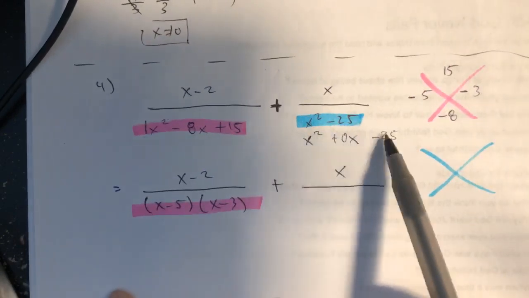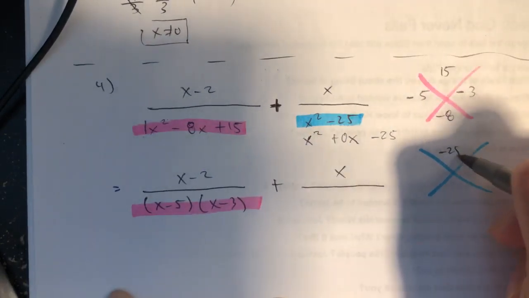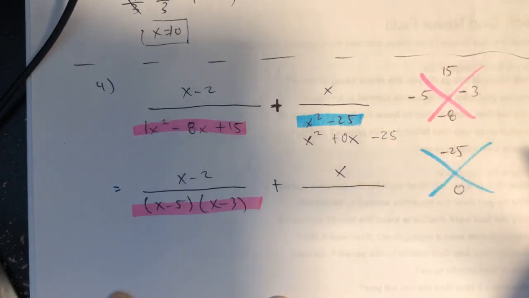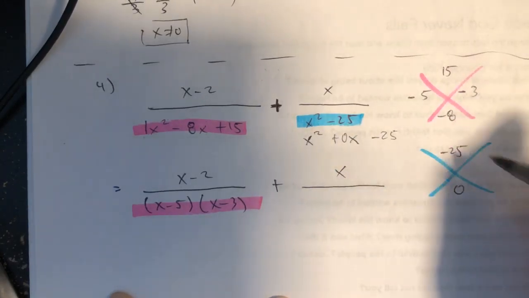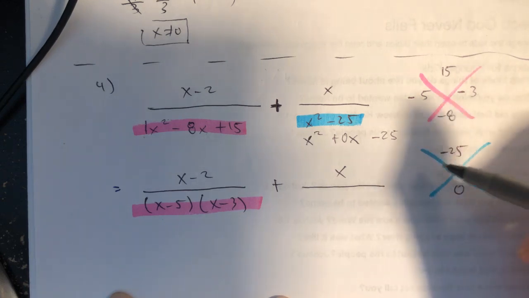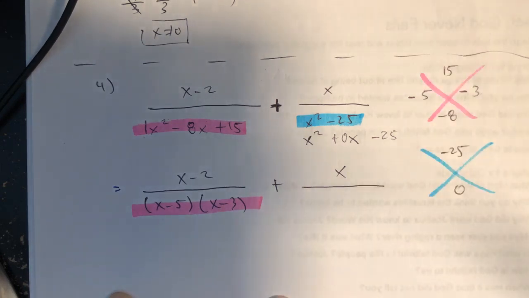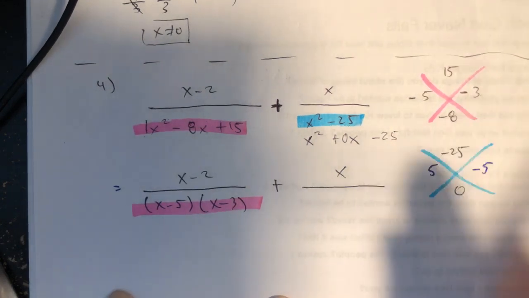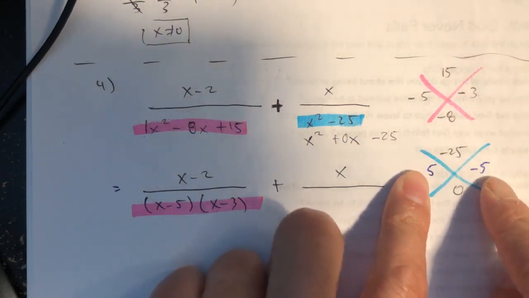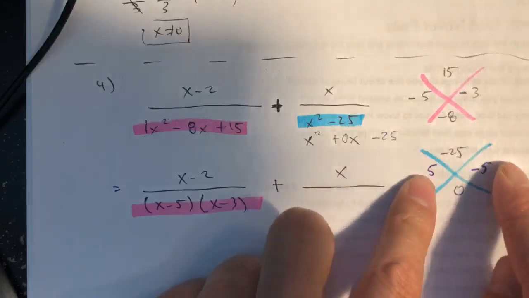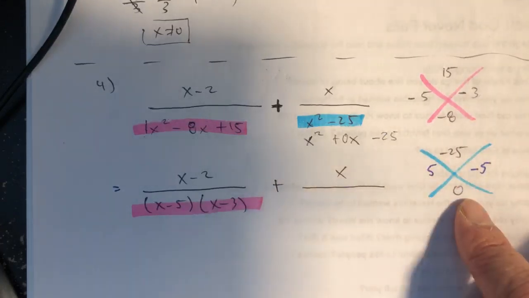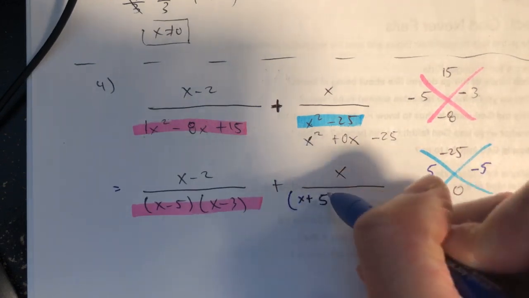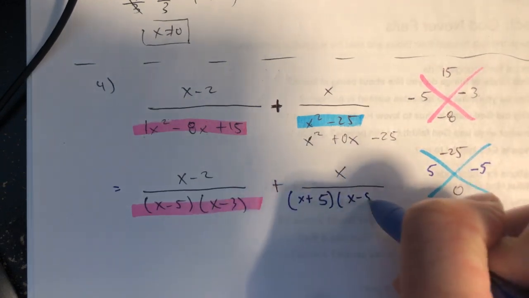So a times c is -25. My b value is 0. Need to think of two numbers that multiply to be -25 but add to be 0. These two numbers are going to be 5 and -5. 5 times -5 is -25, and 5 plus -5 is 0. So I'm going to have x plus 5, x minus 5.